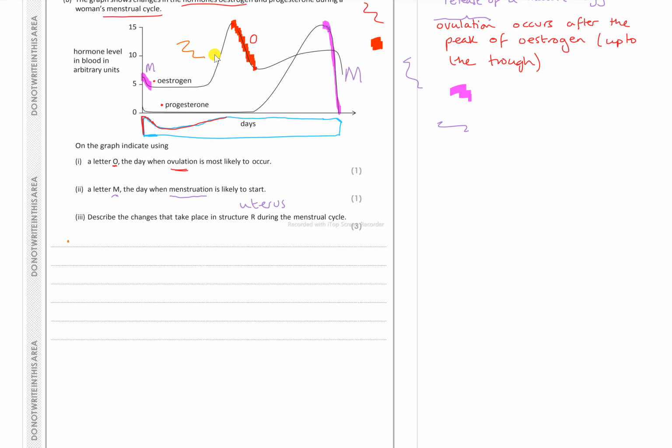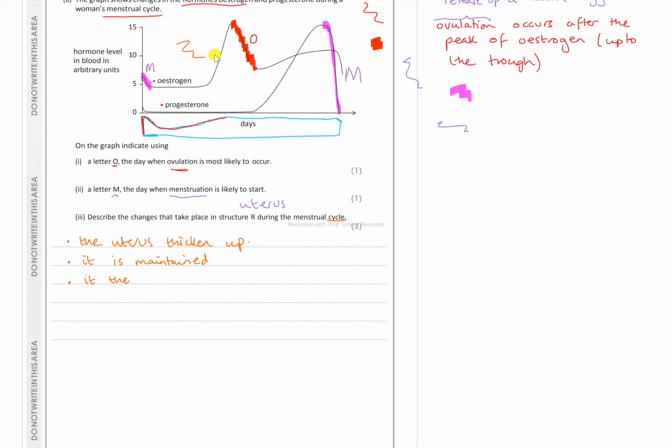Right. During the menstrual cycle, the full cycle, the uterus thickens up, and during the cycle it is maintained as a thick lining, and then if there's no fertilized egg embedding in there, it ends up breaking down.